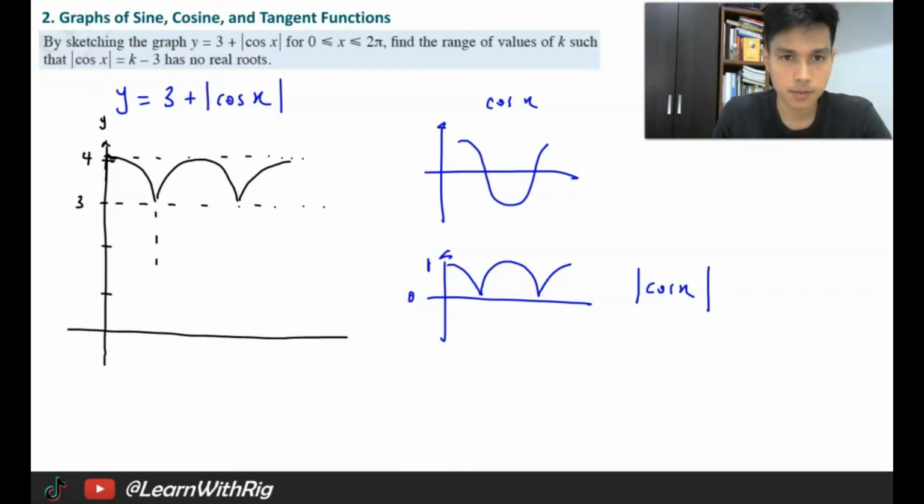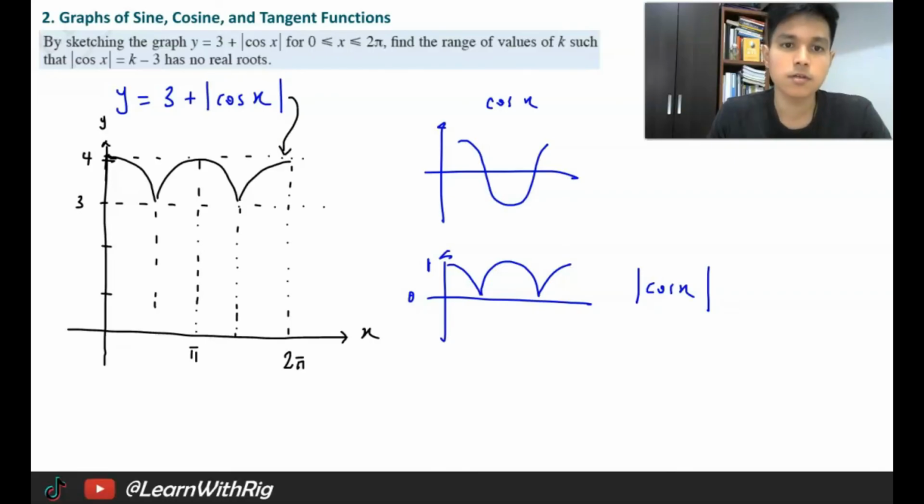Then here you can label. Here is 2 pi, here is pi, and then 1 over 2 pi you can label, or you don't have to. Here is x. So this is your graph for y equals 3 plus modulus cos x.